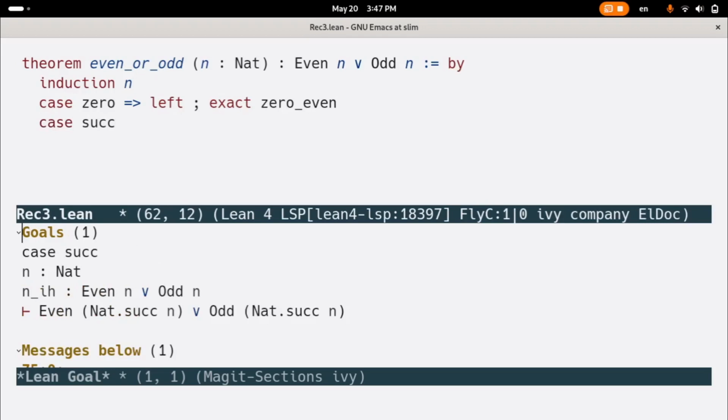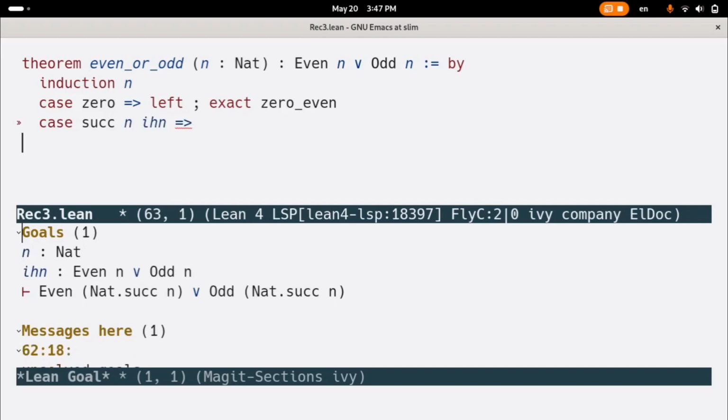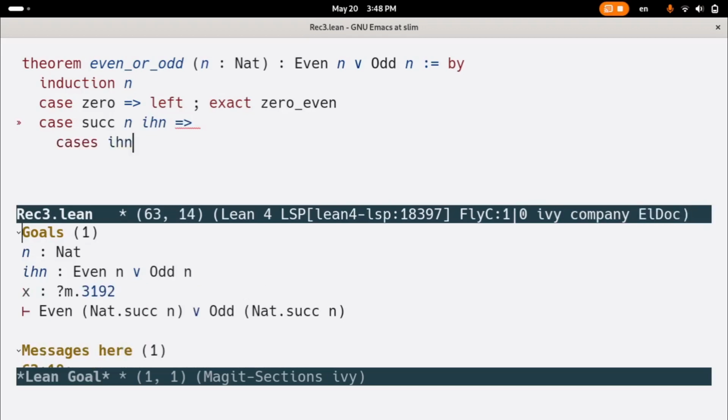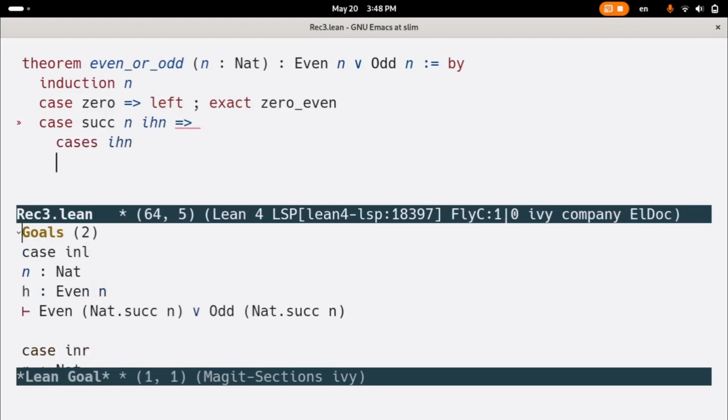In the successor case, we have access to the previous number n and the inductive hypothesis for n, and we have to prove that n plus 1 is either even or odd. Since the inductive hypothesis is an OR, we will split the proof into a proof by cases.